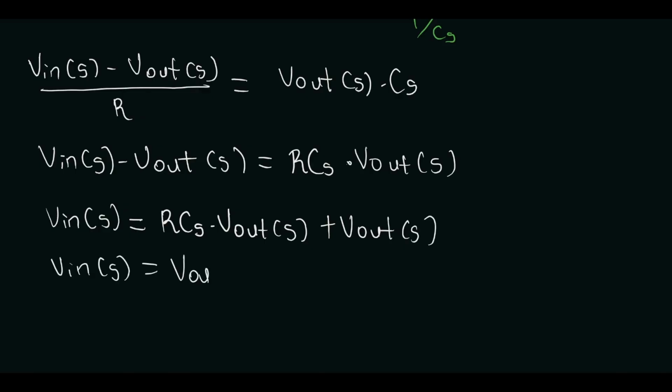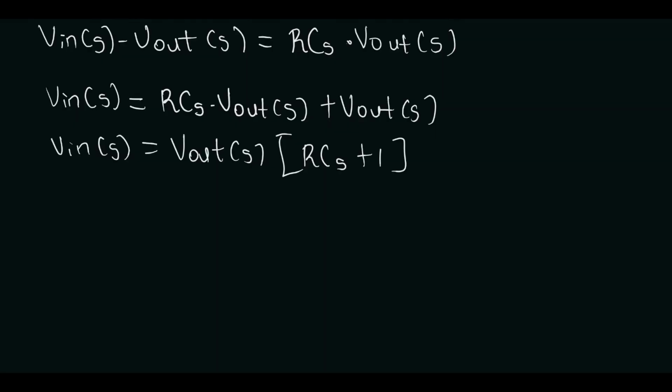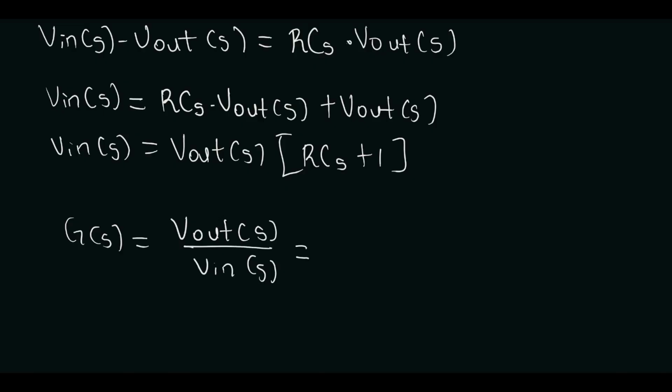You have your V out of S from brackets your RCS plus 1. Then we know the formula for our transfer function is V out over V in. Dividing it, we now have 1 over RCS plus 1.